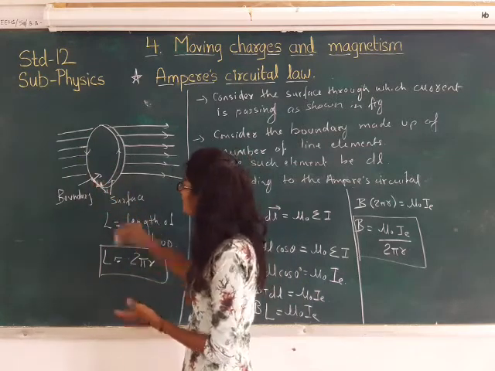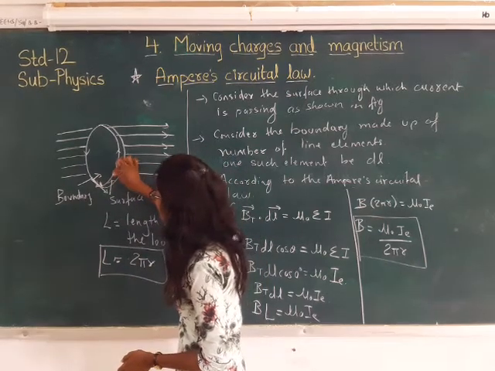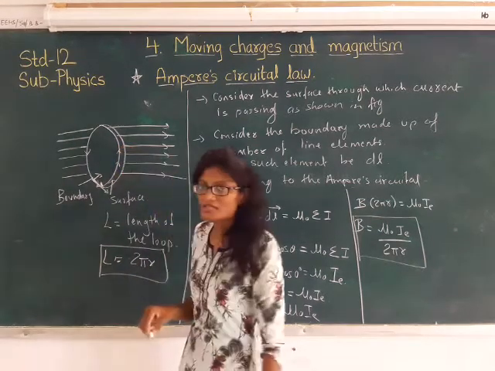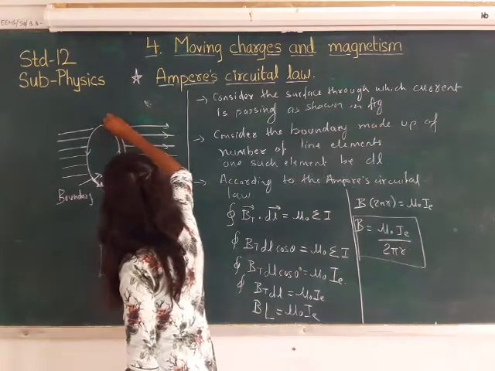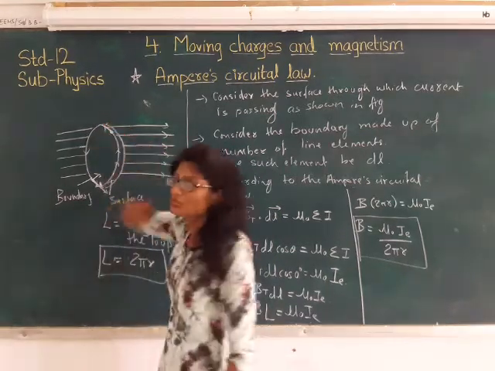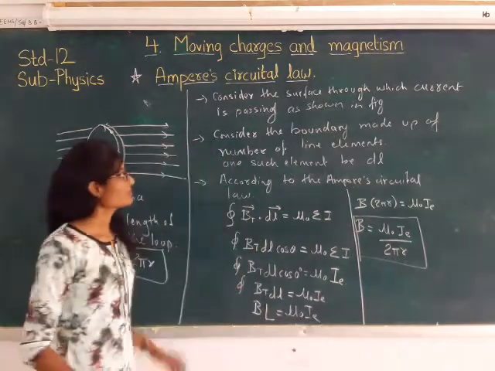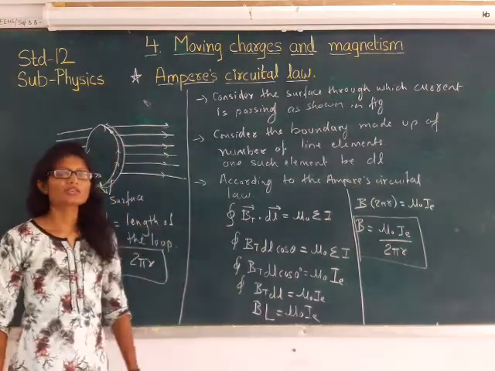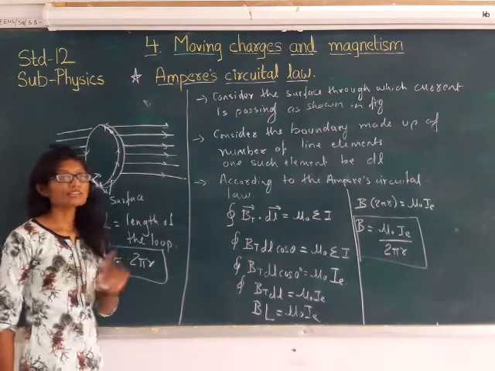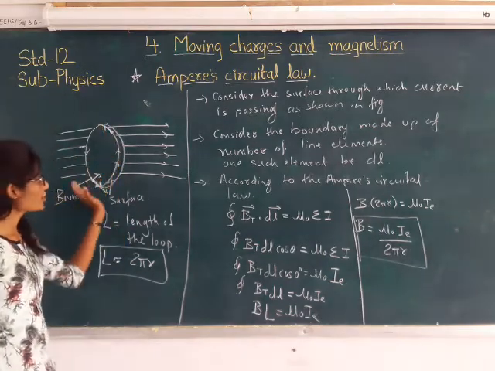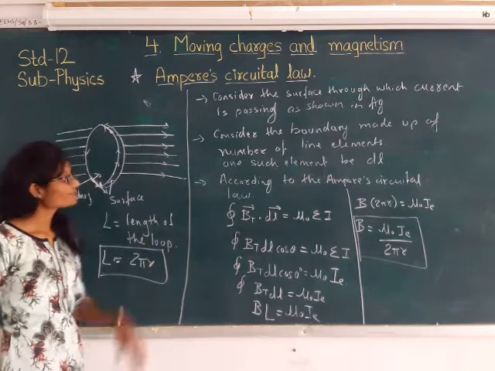If we consider the magnetic field over here, then also it is tangential to this circle. If we consider the magnetic field at this point, then also it is tangential to this circle. So as I already said, we are going to consider the tangential component of the magnetic field. The magnetic field is tangential at every point to the circle.